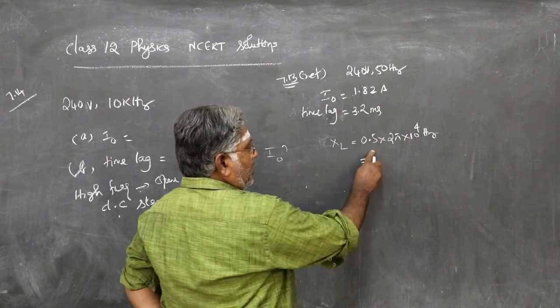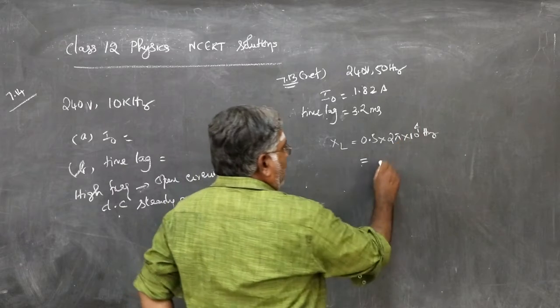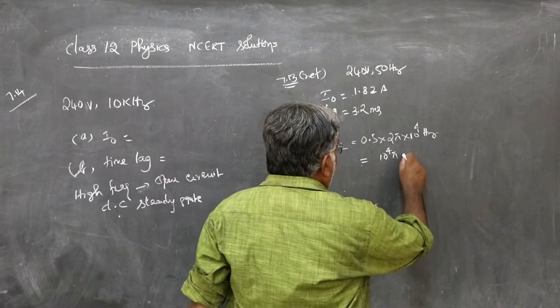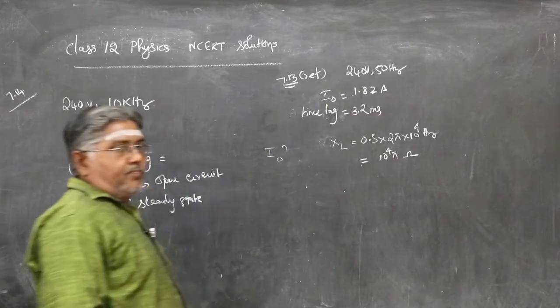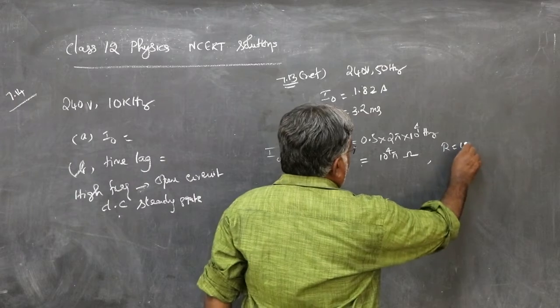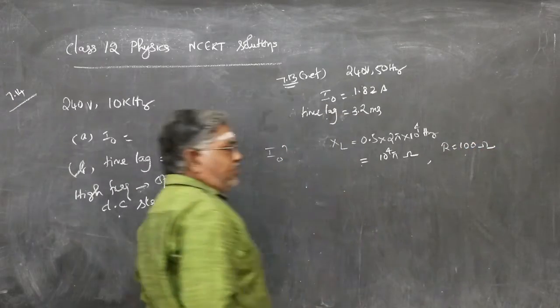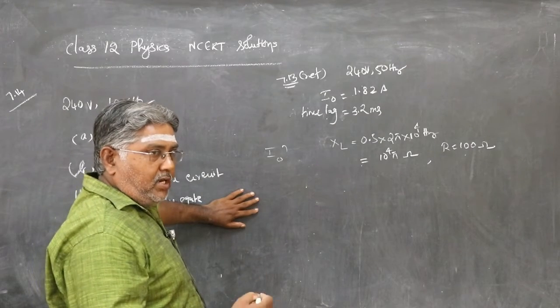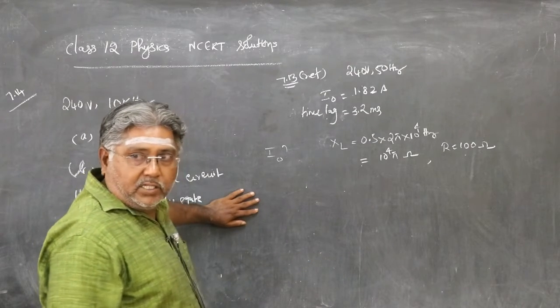This is half into 2, 1, so 10 power 4 pi. That is the inductive reactance. Then of course the given resistance is 100 ohm, from the previous sum 7.13. 7.14 refers to the data in 7.13.